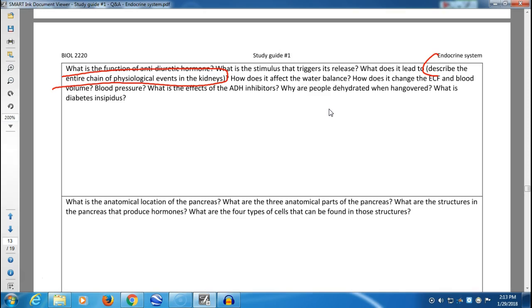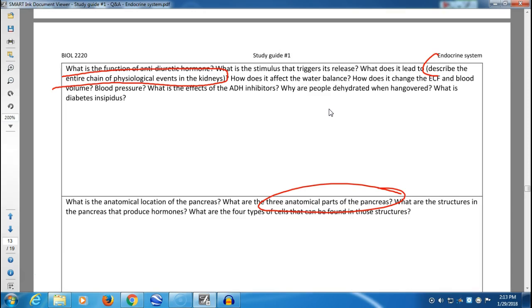Pancreas, 3 anatomical parts of the pancreas. Well, head, body and the tail. Tail is here on the side. Just remember, it's closer to the spleen. That's where the tail is. That is on the opposite side. So, structures in the pancreas that produce hormones, Langerhans cells.